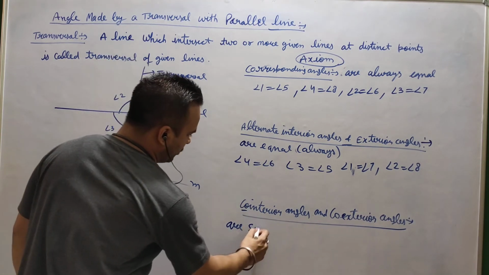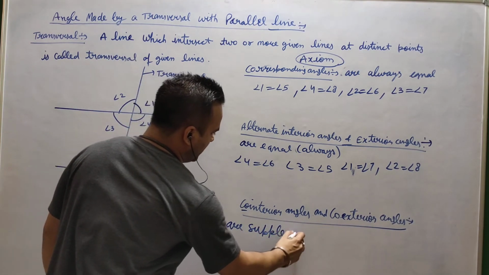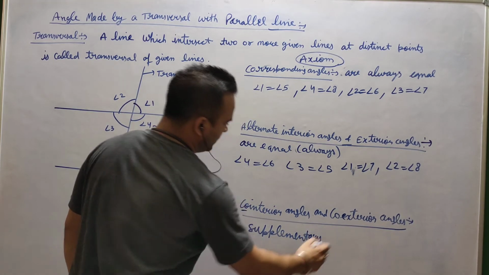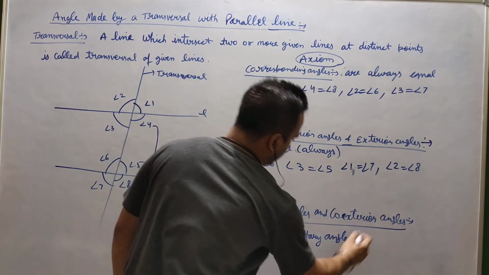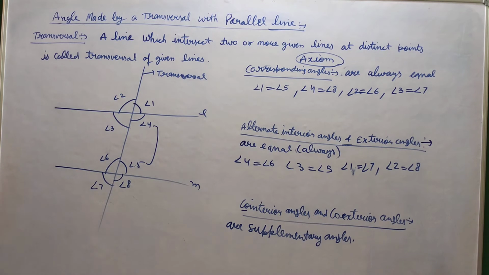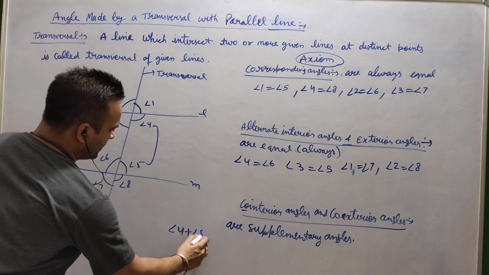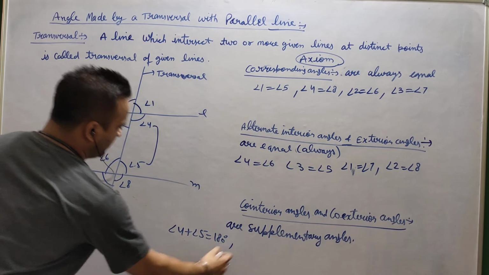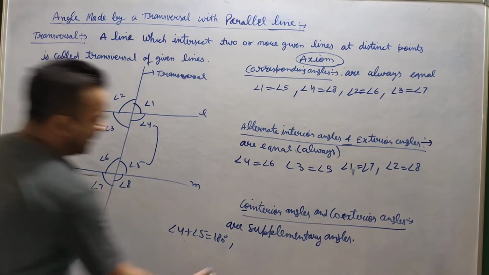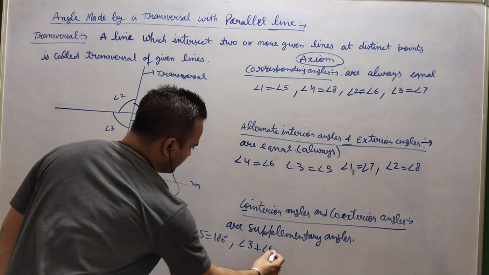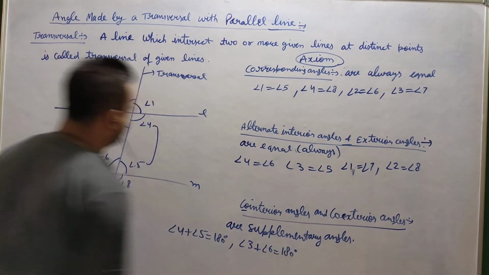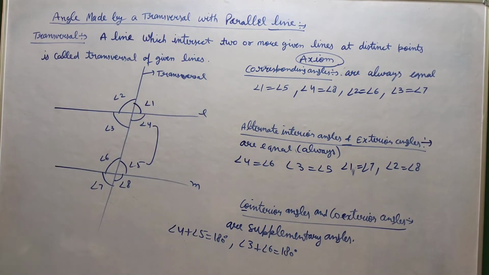No, they are always supplementary angles, and you know that supplementary means the sum of these two angles will be 180 degrees. What will be the value of angle 3 and angle 6? They also come in the category of co-interior. Angle 2 and angle 7 come in co-exterior because they are on the same direction but in the exterior.